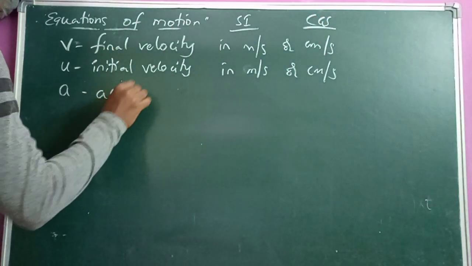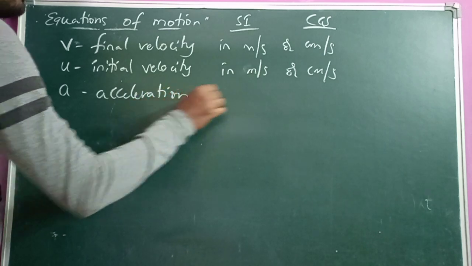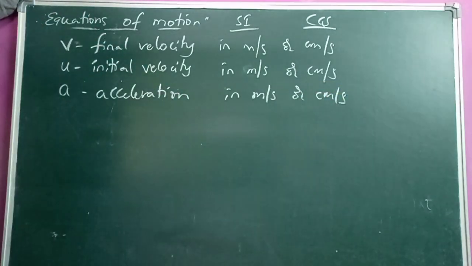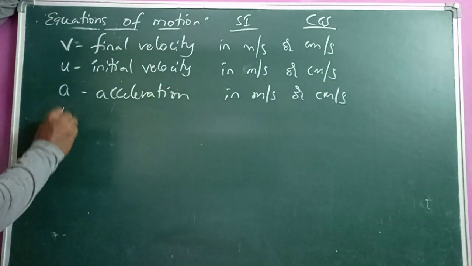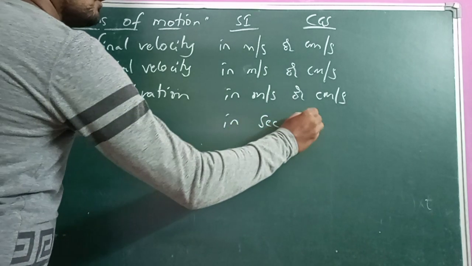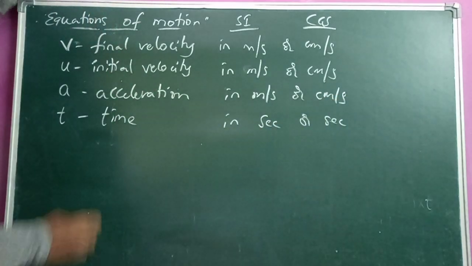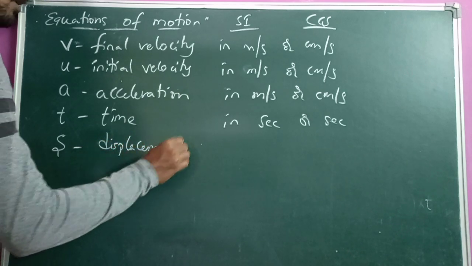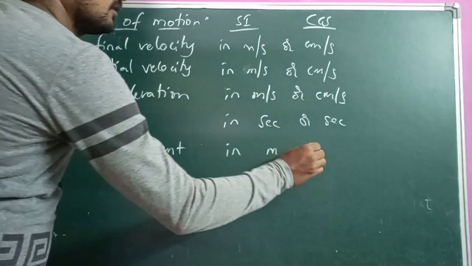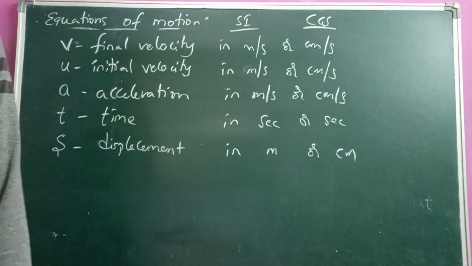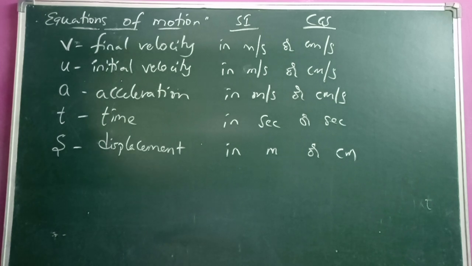A means acceleration in meter per second square or centimeter per second square. T is time in seconds, and S is displacement in meters or centimeters. So these are the terms which we have used in these equations of motion.